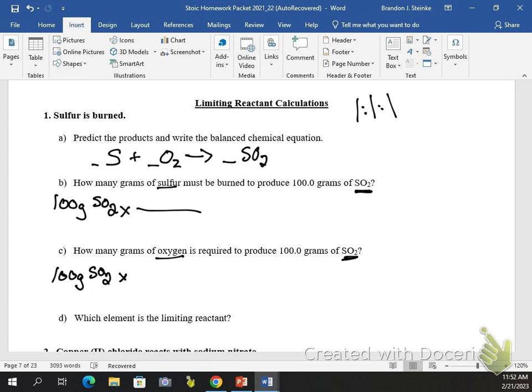If I'm not given moles, I need to convert into moles. Then I can use my molar ratio to convert into a different compound. So in this case, grams of SO2 go there, grams of SO2 go there, and that will get me into moles of SO2 in both instances.